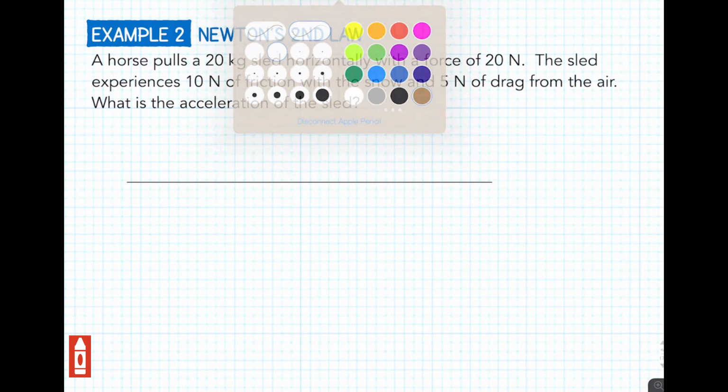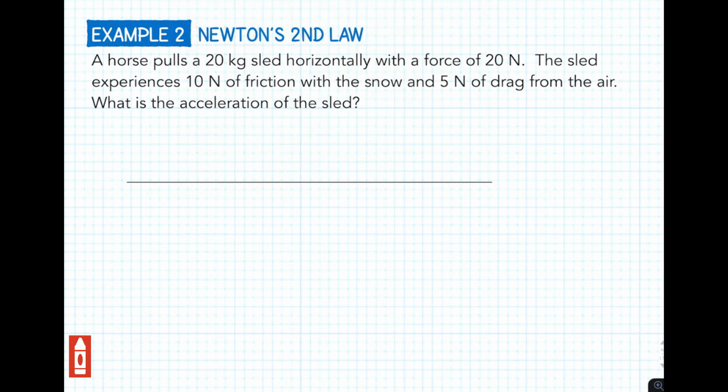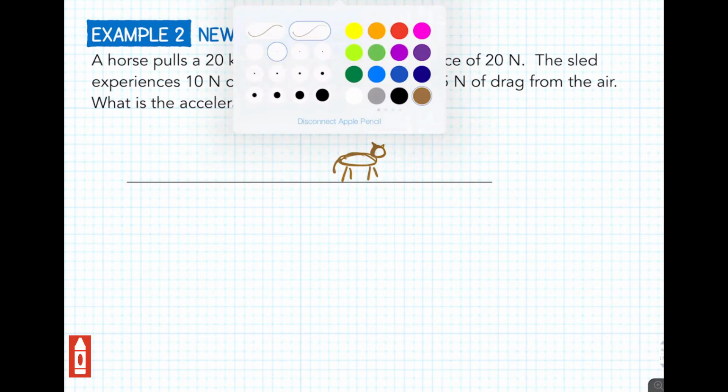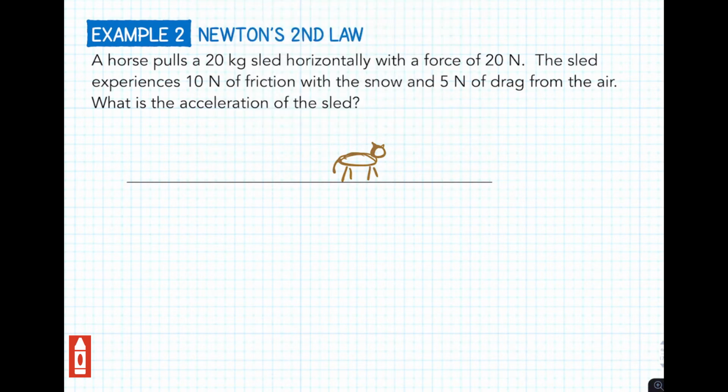We'll make it brown. Probably has ears, maybe a tail. And it's pulling a sled. I'm going to make the sled a box. Okay, so there's the horse pulling a sled.